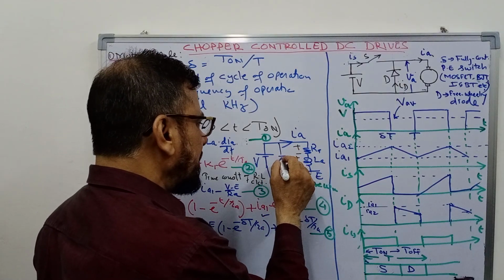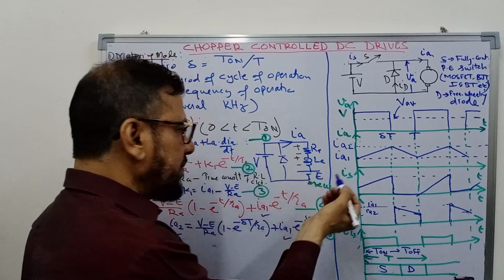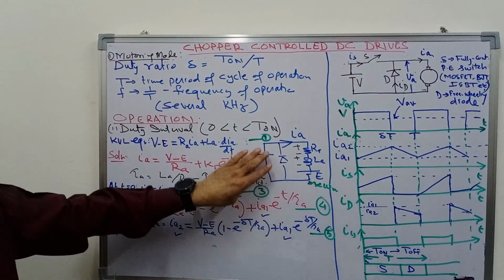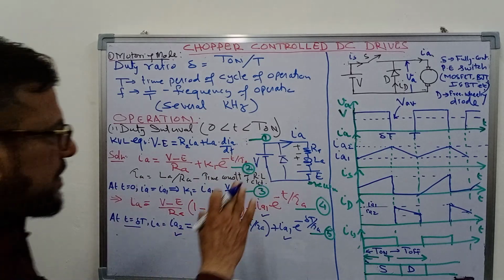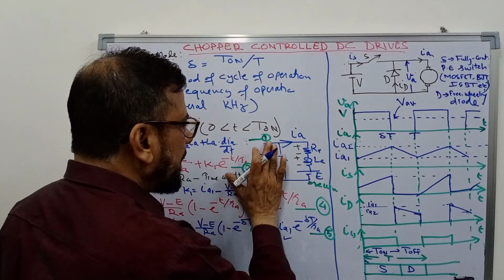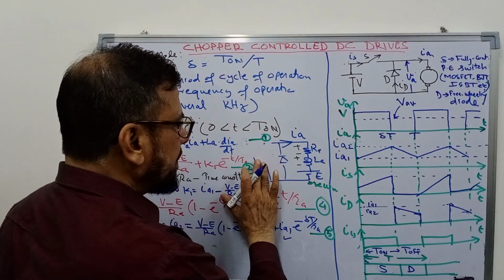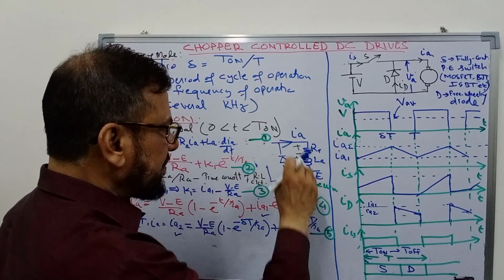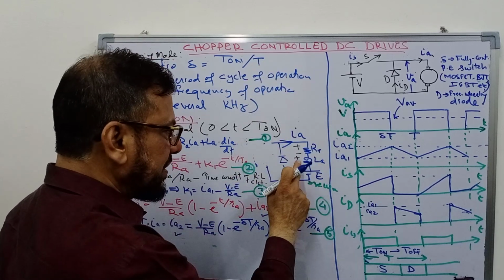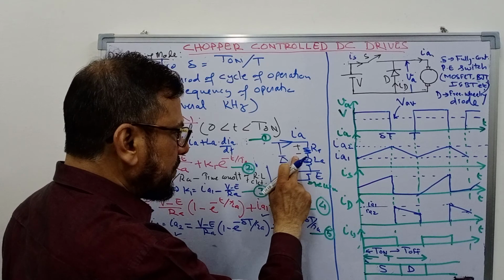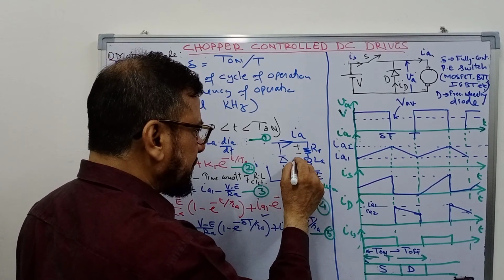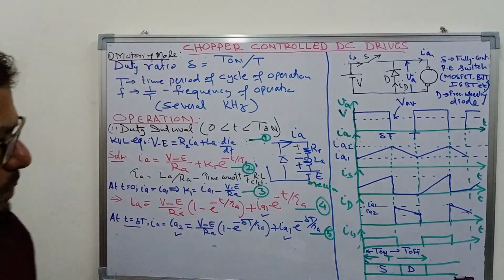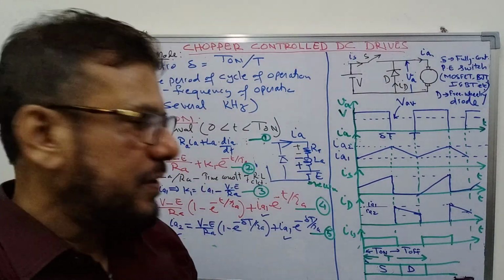You can see the diode was connected here, which was in the off state when the switch was closed. But as soon as the switch is opened, current, instead of rising, will start decreasing. That will cause the polarity of inductor voltage to reverse. It will become opposite to what it was earlier.